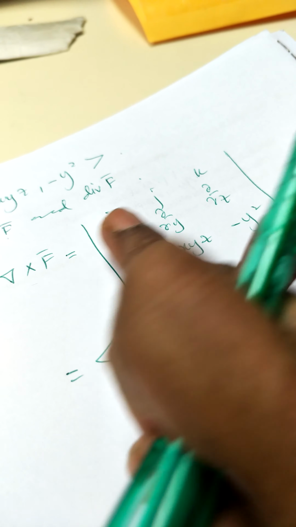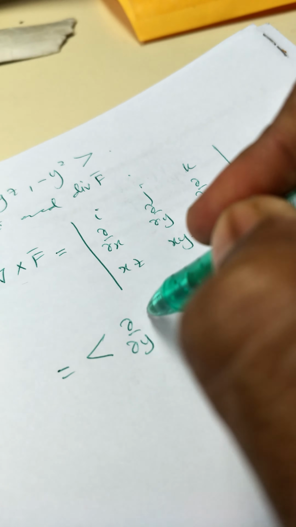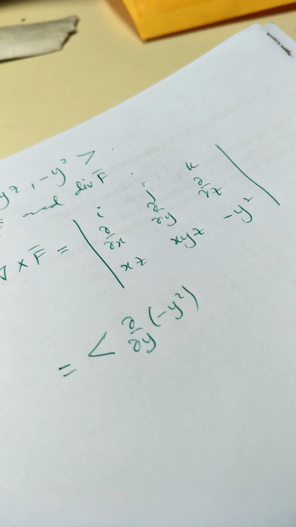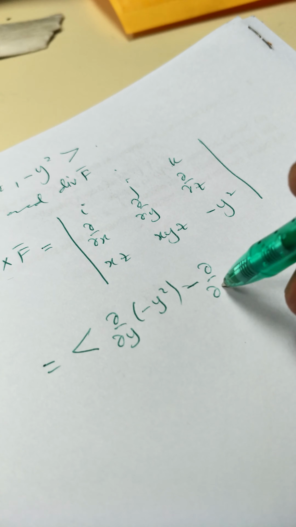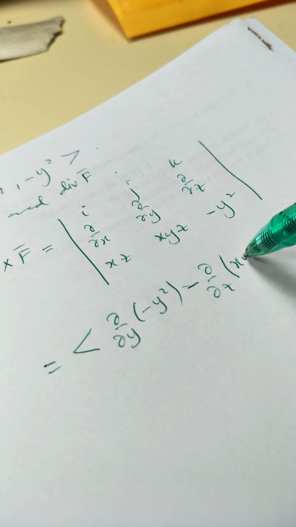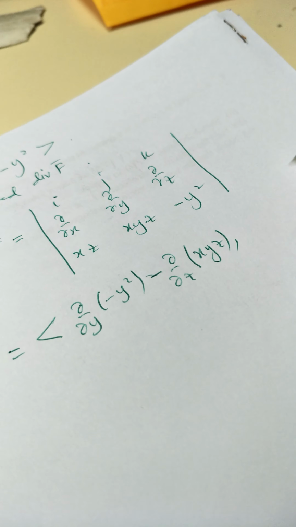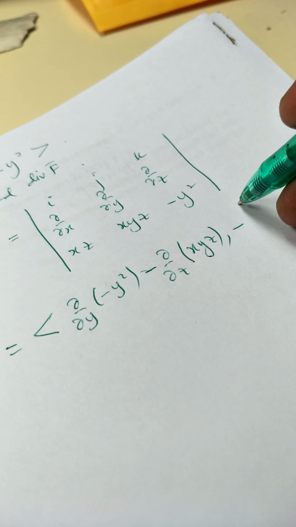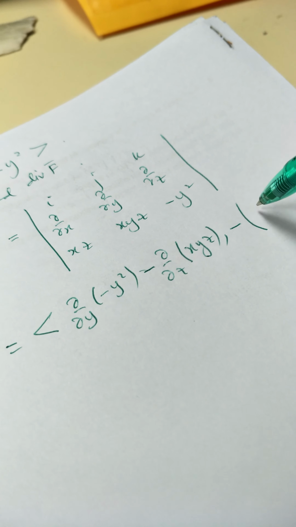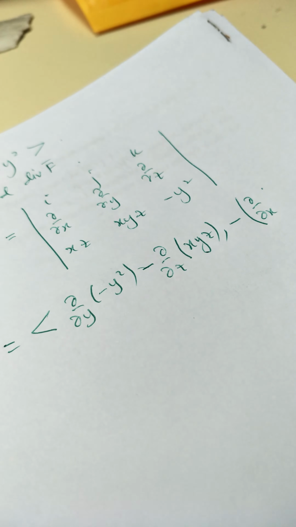This is equal to, for i, del y of minus y squared, minus del z of xyz. Okay, for j, we have negative of del x, negative y squared.